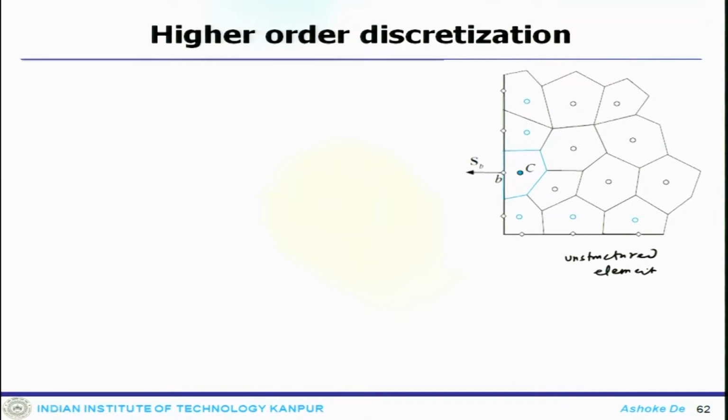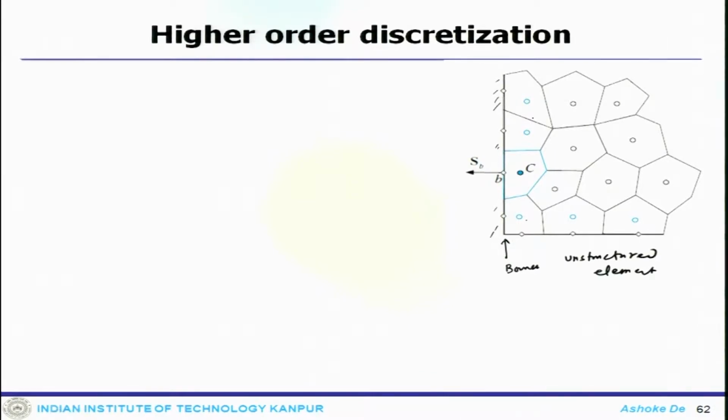So, this side is the boundary side. All these elements are exposed to this, or rather these faces are exposed to the boundary face. So, all these elements are exposed to the boundary face.